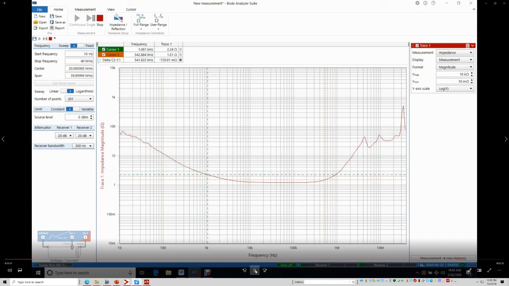Then we go to 1 kilohertz. We can even type in 1 kilohertz. It's actually 2.2, and then we'll type in 10 kilohertz, and now the impedance drops to 1.26, and it stays about there. And if you notice, at about 400 kilohertz, the impedance starts increasing.